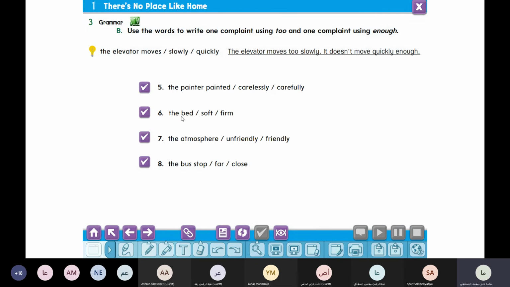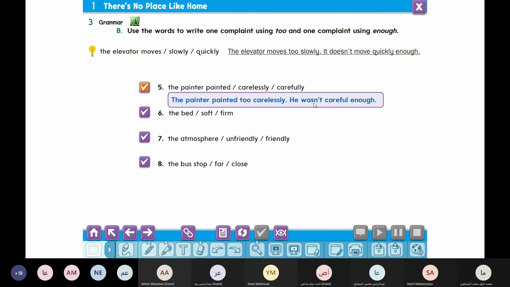Number 5, the painter painted too carelessly. He is not careful enough. The bed was too soft. It wasn't what? Firm enough.